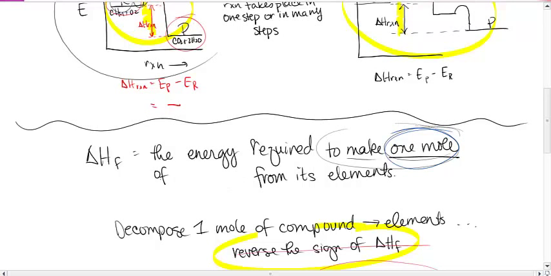It's the energy required to make 1 mole of a compound. That's the actual definition, so underline, highlight, fix, all of that good stuff. It's not just 1 mole of a product, it's 1 mole of a compound.